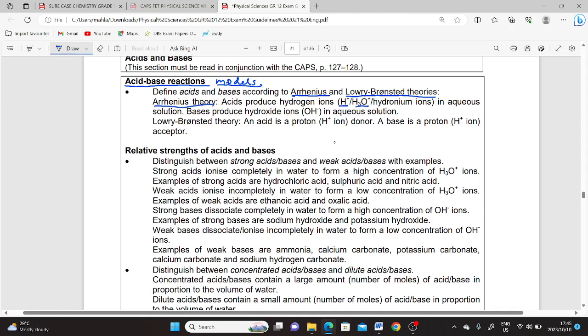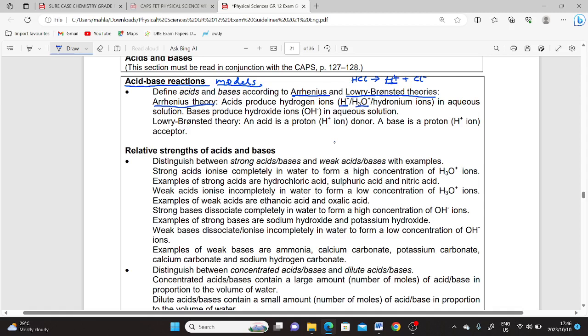So for an acid, it must ionize. Let's say we have HCl. Now when it gets into the water, it will ionize to be H plus and Cl minus. Because there is a production of H plus, it means this is an acid.